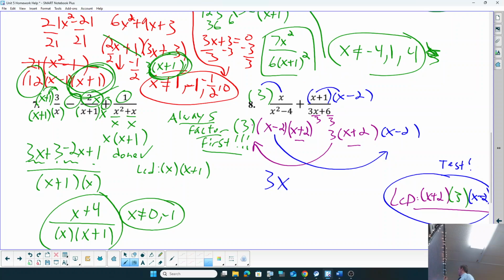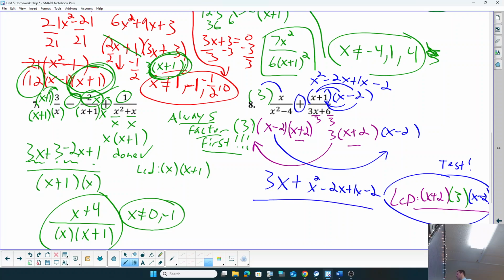So x times x is x squared, x times negative 2 is negative 2x, 1 times x is 1x, and 1 times negative 2 is negative 2. So plus x squared minus 2x plus 1x minus 2.